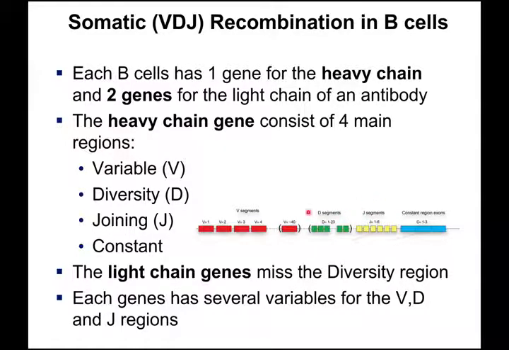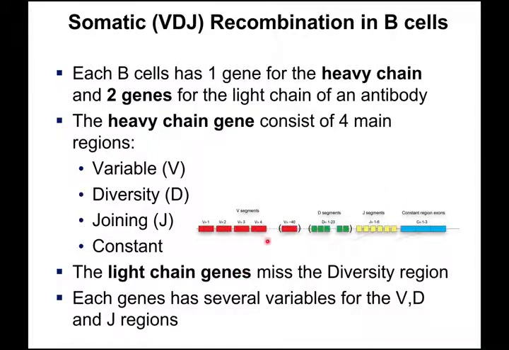And the difference between the heavy chain and the light chain is that the variability in the heavy chain is generated by the random assortment of regions from these 3 parts, whereas in the light chain, the D region is missing. So you have only the variable segments and the joining segments that can be causing the diversity.